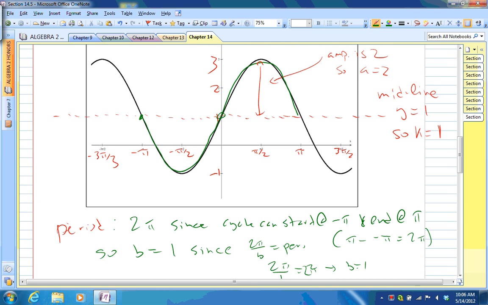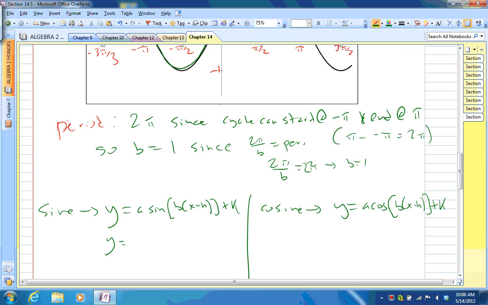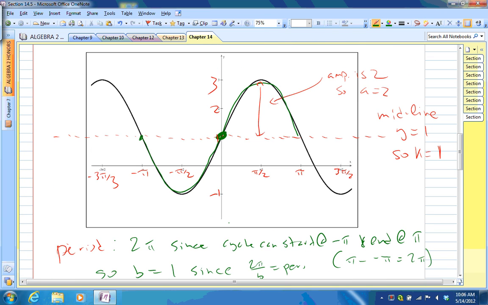And for sine, let's say we started right here. If you start right here, the amplitude is going to be 2, and it's rising, so it's not going to be negative. Sine of 1 x minus 0 plus 1. If you think about it, there's no horizontal shift if I'm starting sine at this place right here, because sine's supposed to look like this, right? That's what we expect for sine.